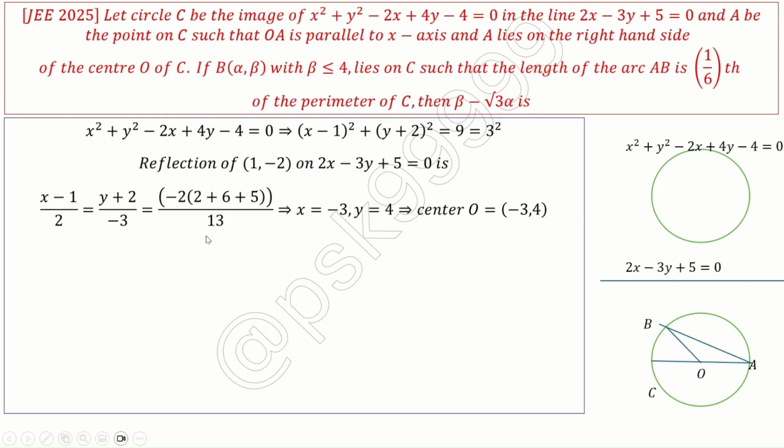So this is the value. Now from this, I can easily find x and y. x is minus 3, y is 4. This is the mirror image of the center of this circle on this line.